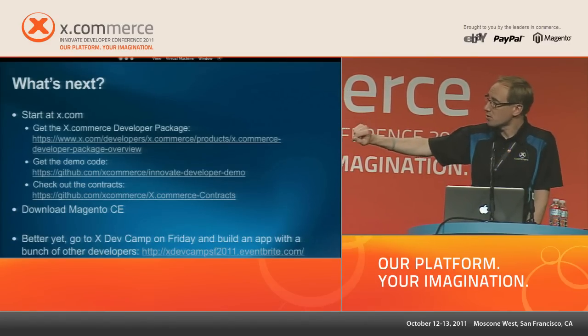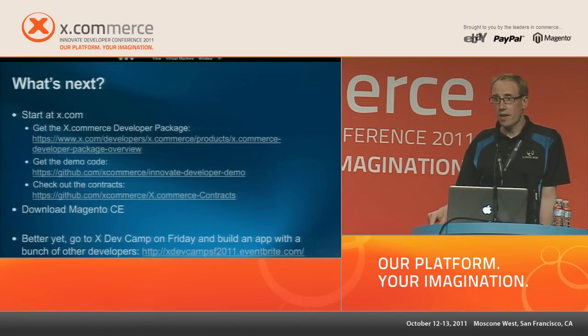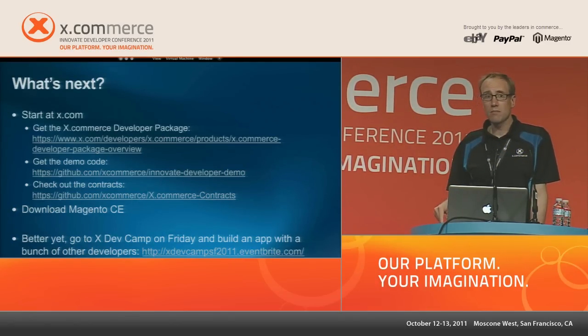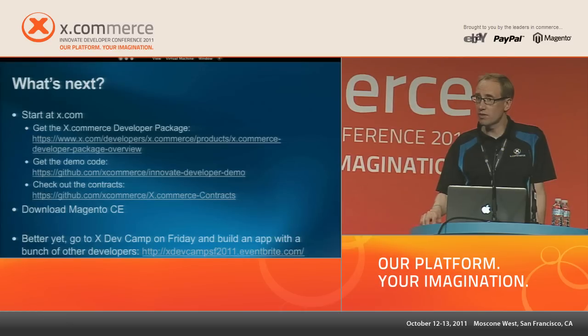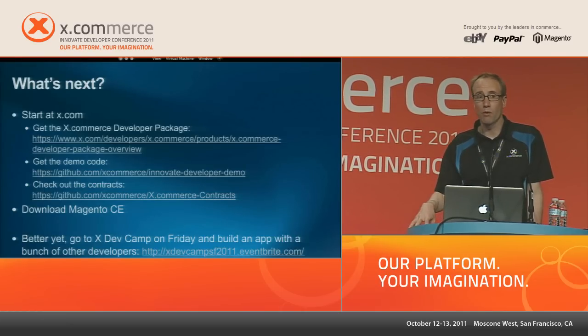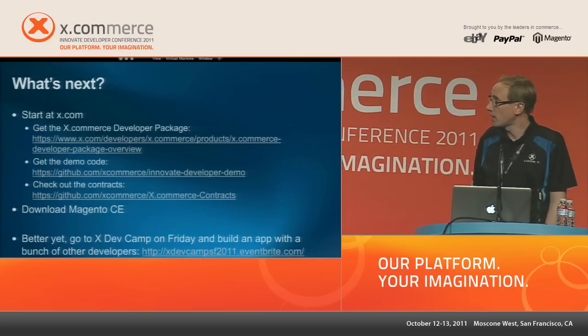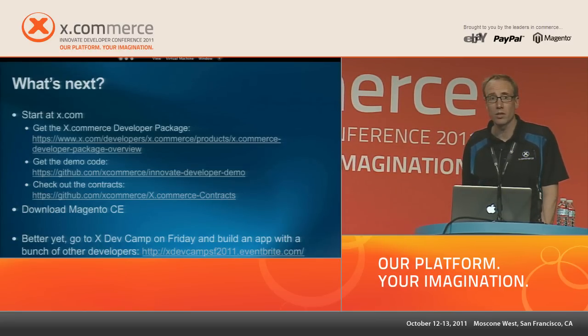But really interesting, on Friday, the ExDev Camp, which still has seats available, is an opportunity to actually build a capability, really a complete application, end-to-end in a community of developers with support from folks on our side. So there's the URL to sign up. I'd highly recommend it. It will give you a great opportunity to get your hands dirty directly with this, with some support.